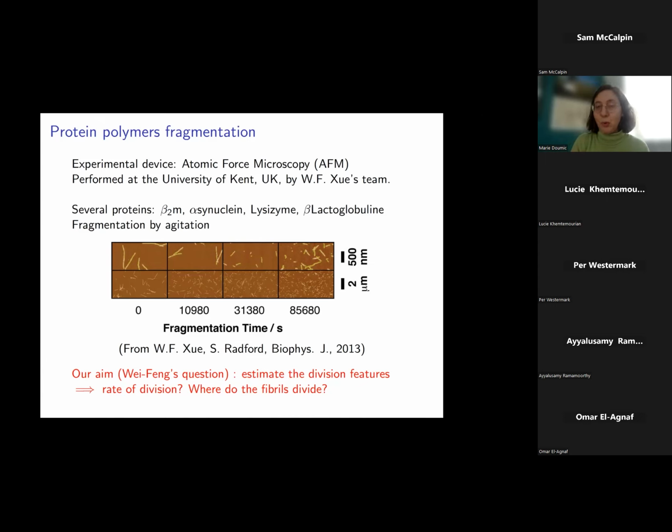Do they break preferentially at the edge, or at their middle? And also, do large, long fibrils break more or less than small fibrils? All this is related to what is called the fragmentation equation.